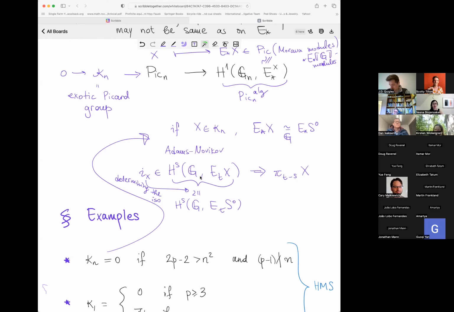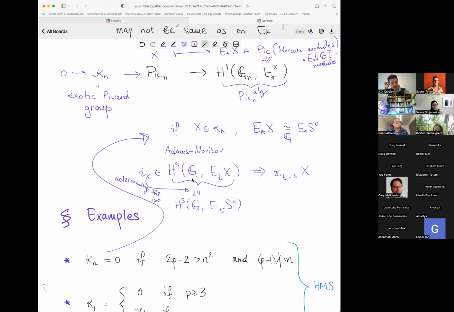The question then of whether this X is the trivial object, so it's S naught, or is something else, has to do with differentials on this fundamental class.